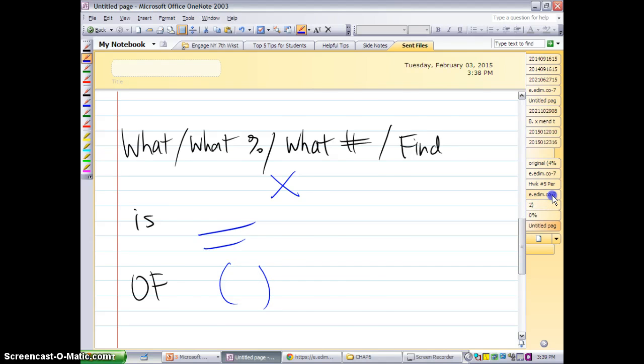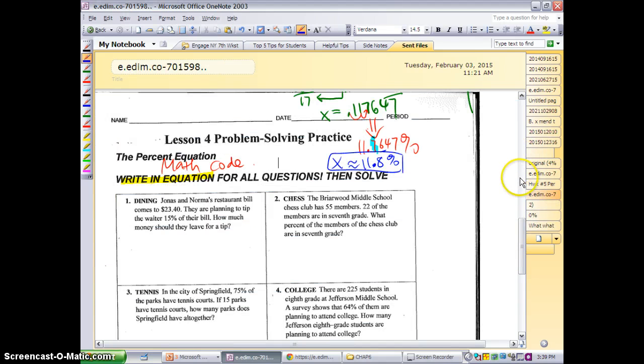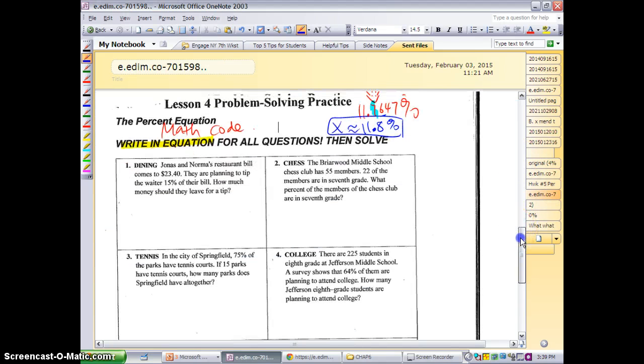All right, let's go back to our worksheet. On number 1, here we have their bill. That's their total bill. They're planning to tip the waiter 15%. How much money should they leave for the tip? Well, the equation is x is equal to 15% of their bill.